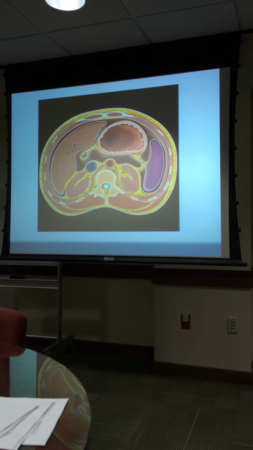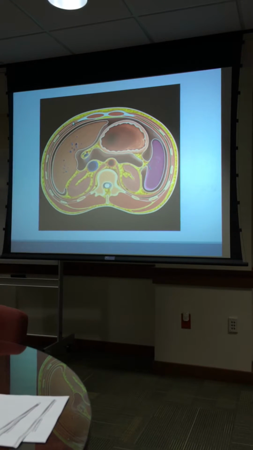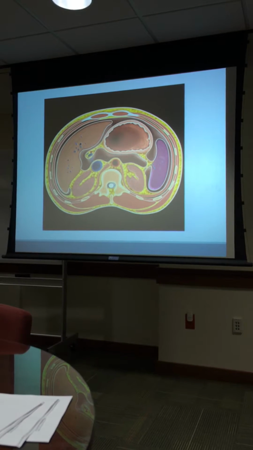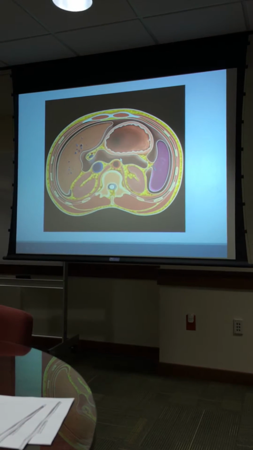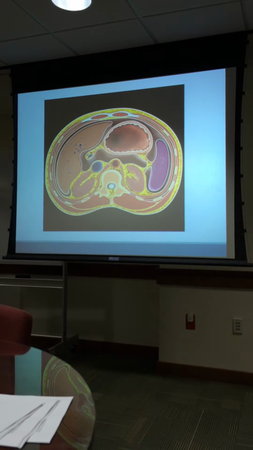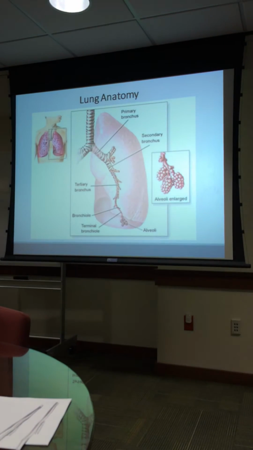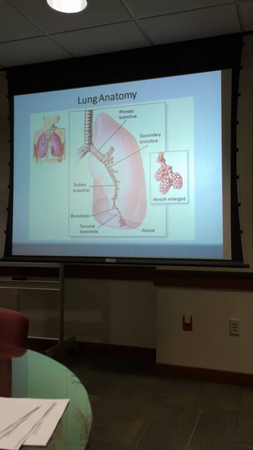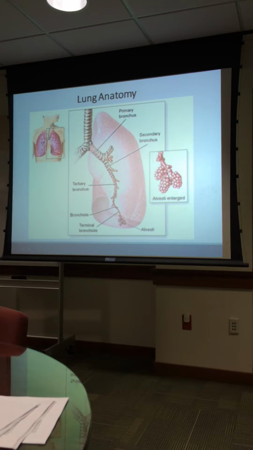And this white line represents the mesothelial lining. So all the body cavities in the pericardium, in the abdominal cavity, and surrounding the lung are surrounded by mesothelial cells. So we have to know how to identify mesothelial cells. This is the lung. Before, with the bronchial washes and the lavages, we were inside the lung.